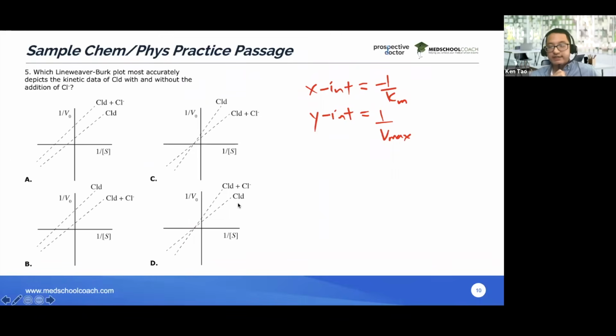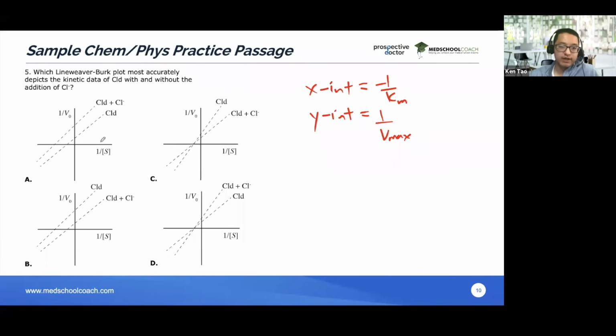All right, so going back here, we know that the Km decreases and the Vmax decreases. Since both of them are denominators, that's going to give you a larger value. So 1 over Vmax, 1 over a smaller value gives you a bigger value. So that means what we're expecting here is for the y-intercept to move up.